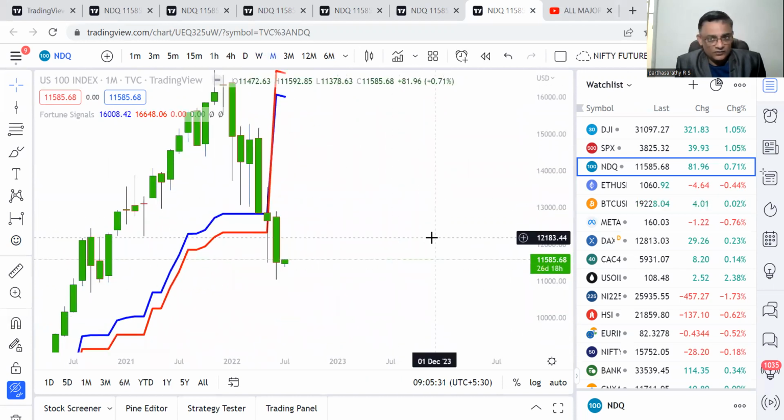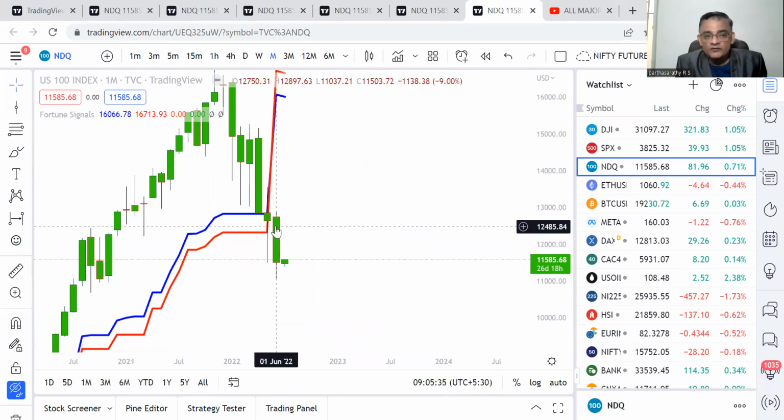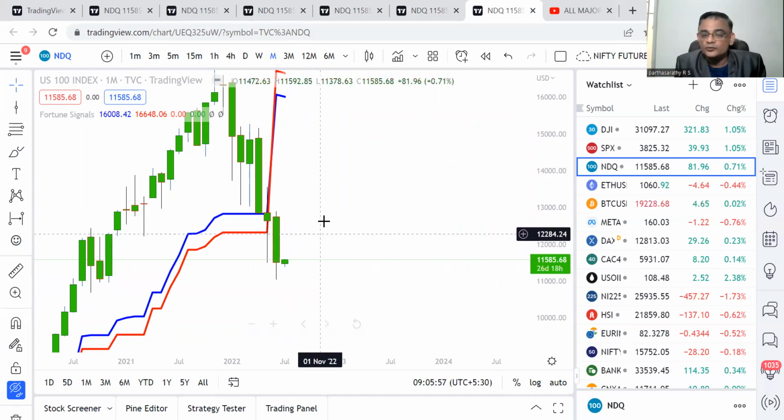Always remember this. On fortune signals, whenever a candle breaks below this red color, and it is not closing below this candle, but this is monthly, we have another 30 days to go. If it is not closing below this candle low, there is a possibility of a U-turn.